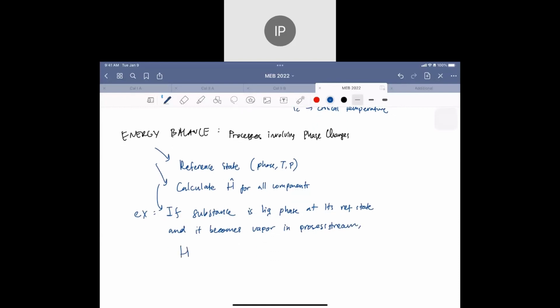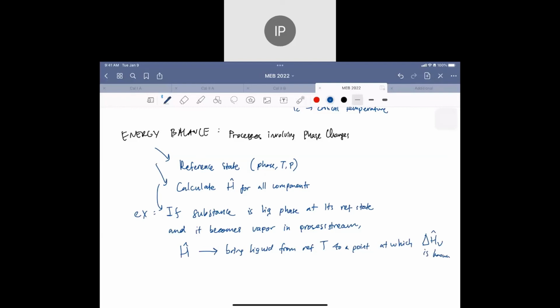So for the specific enthalpy, you could bring the liquid from the reference temperature and then bring it to a point at which the delta of heat of vaporization is known, as we did before.